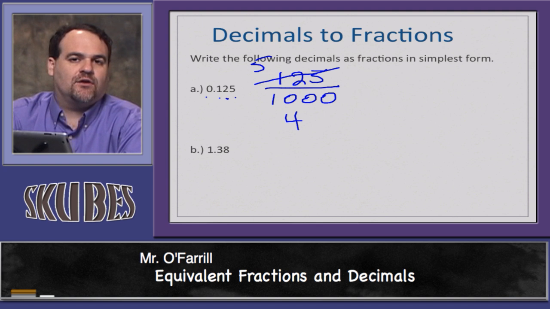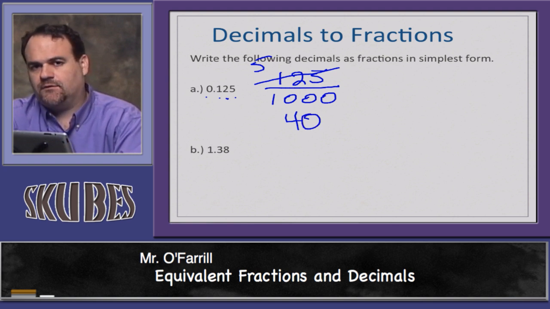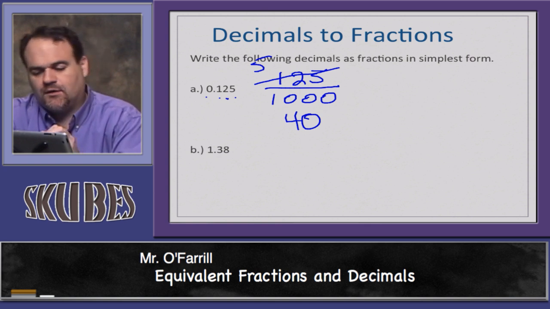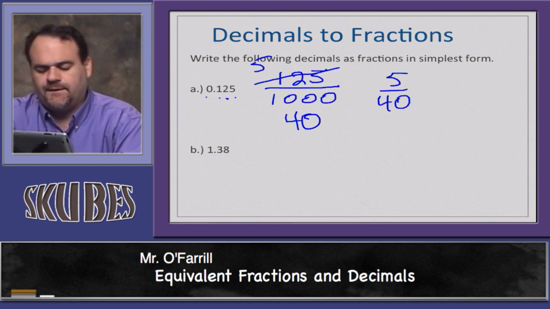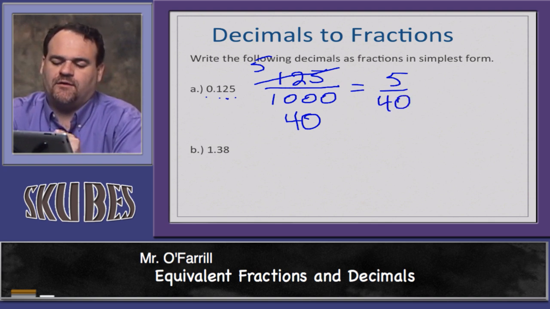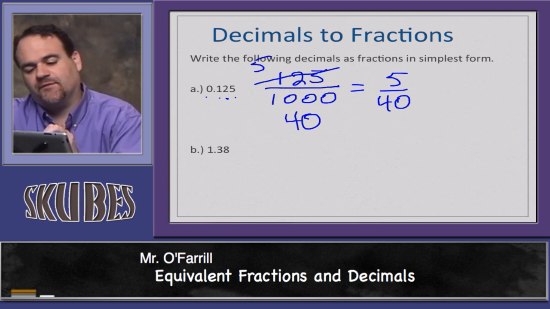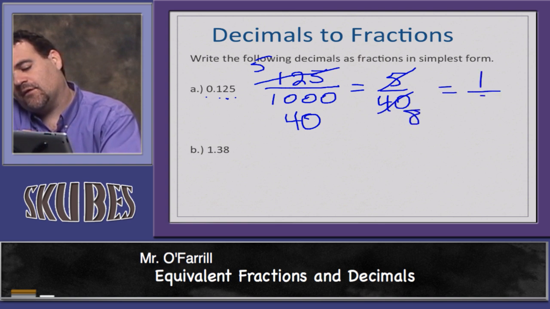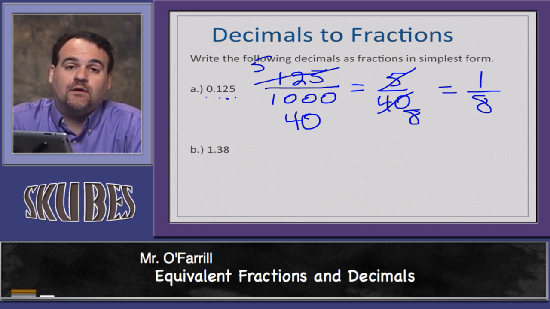So 25 would go into 1,000 40 times? You think so? Okay. So we've got 5 over 40. Well, we can go farther than that. We know 5 goes into 40, doesn't it? How many times? 8 times. So this odd-looking decimal of 0.125 is really just the number 1/8.